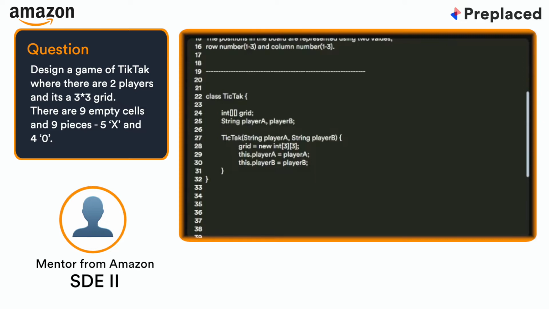Then I can say game.play, and I will be passing the row comma column where I want to assign that particular piece. So if the last one was X, the next one will be O, and so on. Let's say 1, 2.